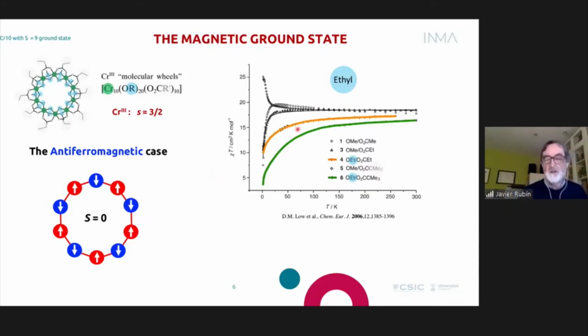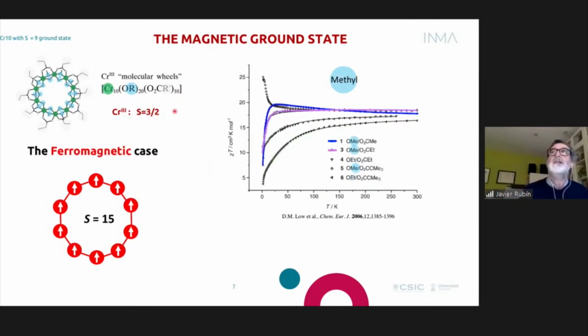This is very clear in this case. And when we change the ligand at the same position, instead of the ethyl group, the methyl group, what we have is a fully ferromagnetic case. This is ferromagnetic because it has a positive Curie temperature, and this drop at very low temperature has been assigned to antiferromagnetic interactions between molecules, between wheels of 10 chromium spins.